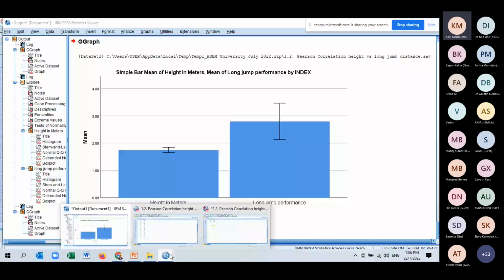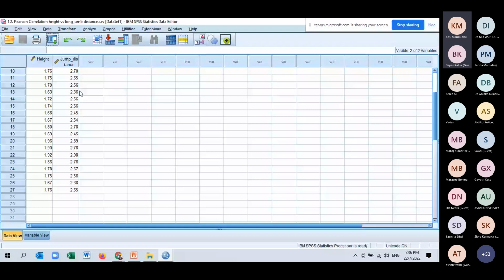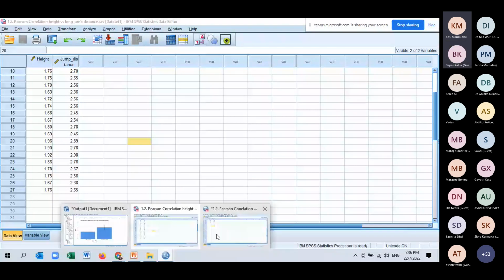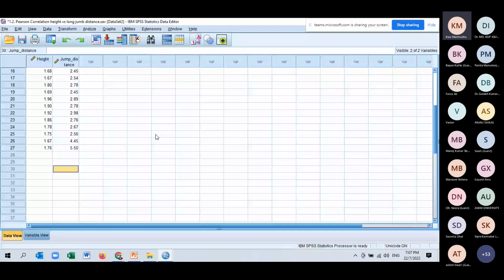Okay. Thank you. Participant, please tell me what was the original value? Okay, so this is our original data.